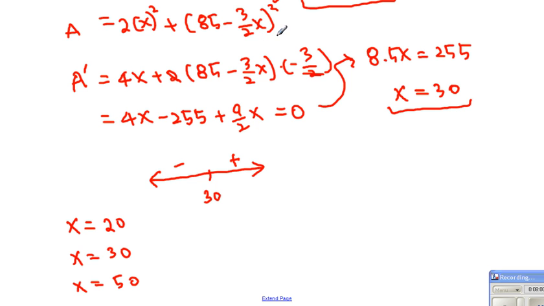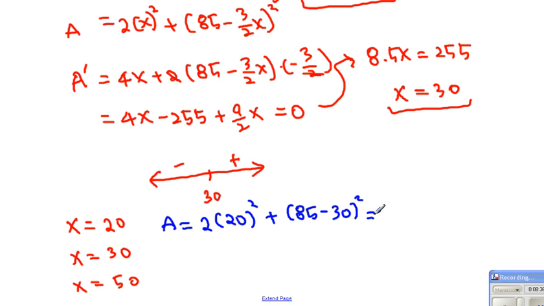Area here becomes this formula, so by plugging in, area in this case becomes 2 times 20 squared plus 85 minus 3 times 20 divided by 2, so we get 30 squared.